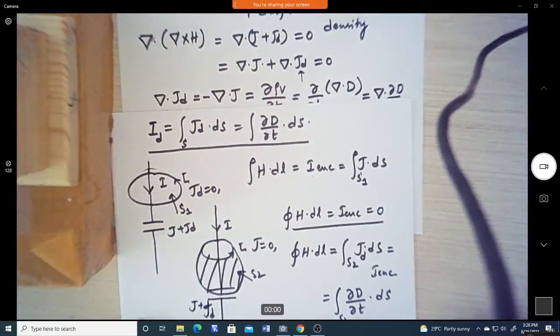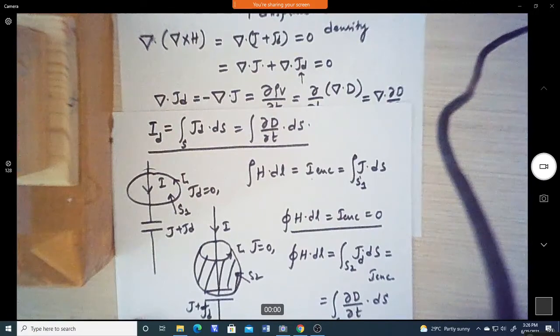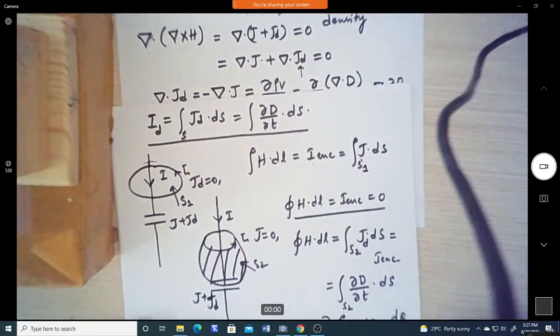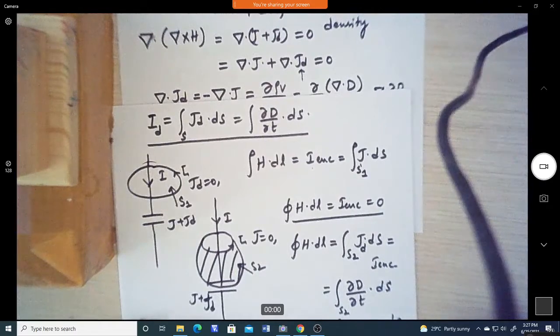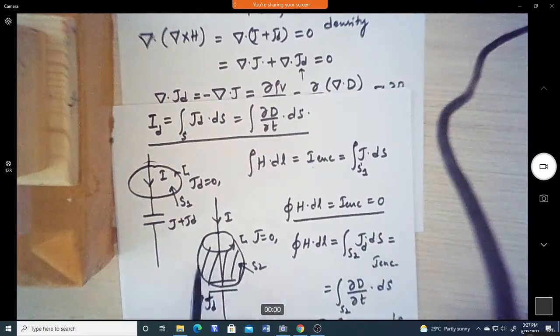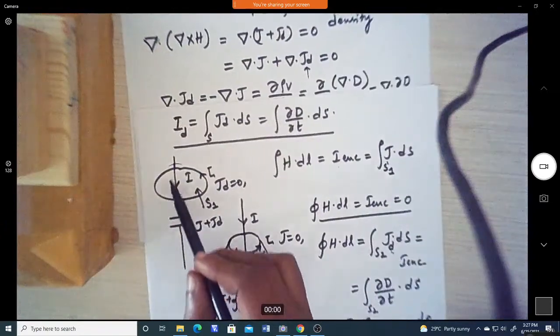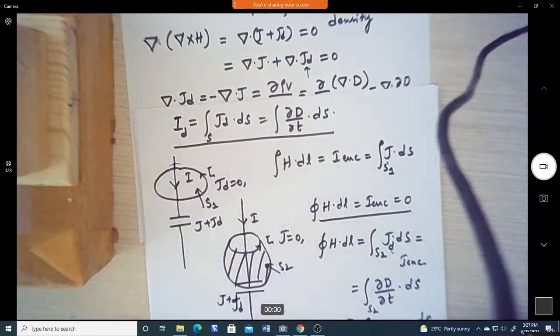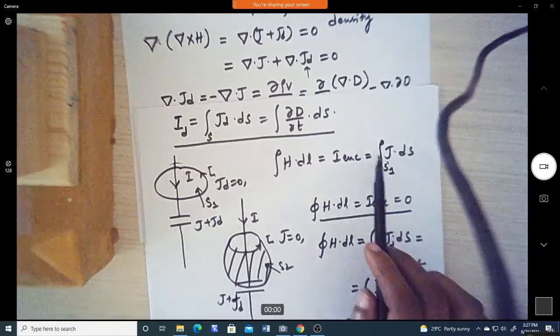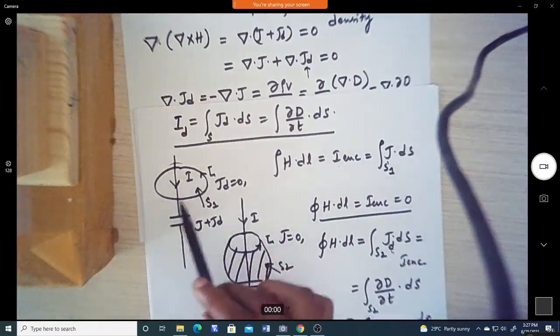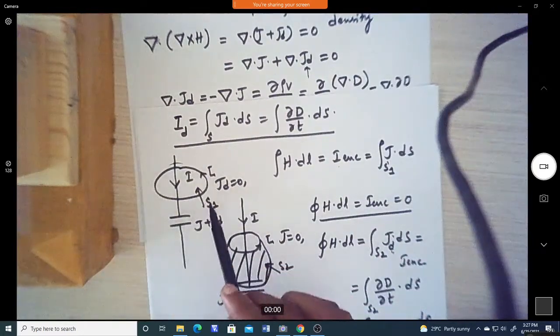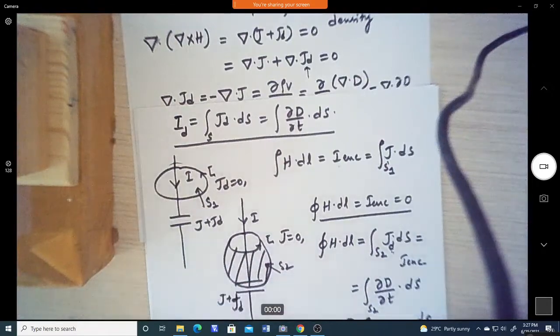From Gauss law we know this is nothing but Q, the total charge enclosed on the surface, which is again I. So in this case the displacement current exists, which ensures that there is a current flowing. In the other case there is a conduction current flowing, and it ensures that there is a current flowing through the conductor on the closed loop or surface S1.